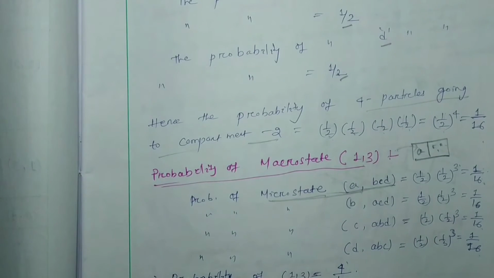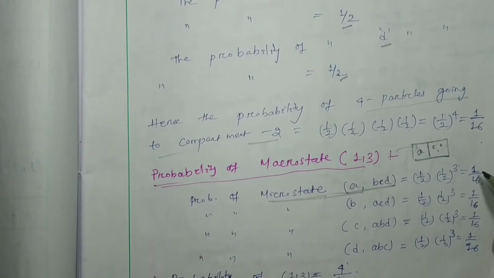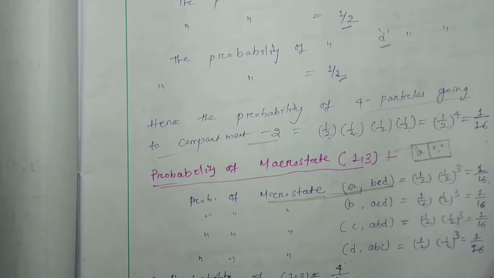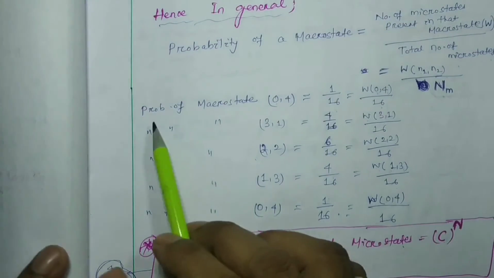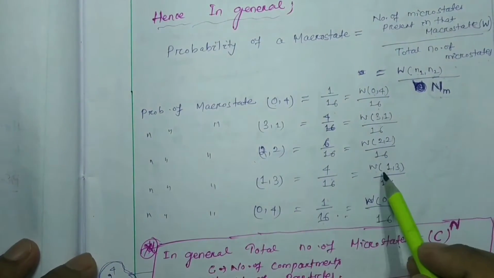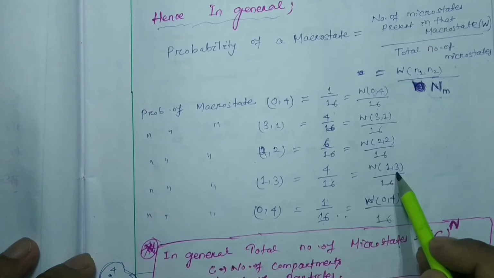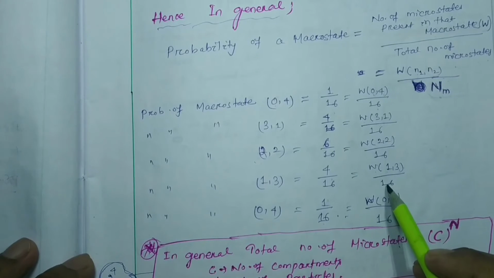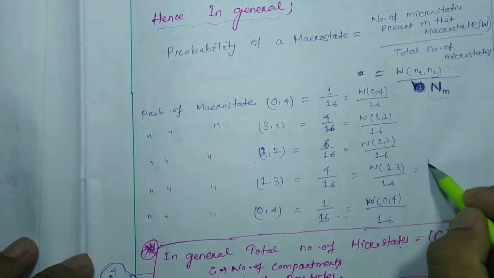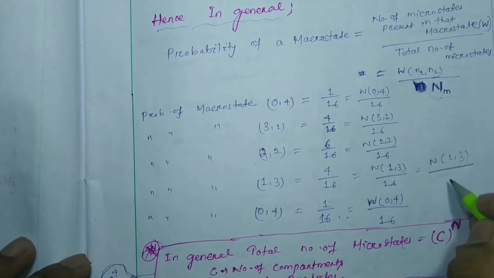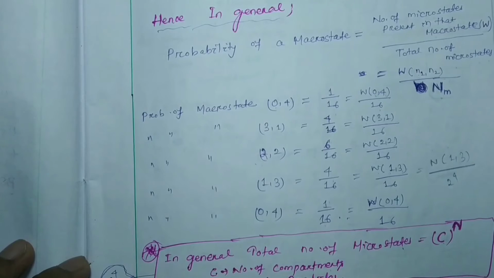That is this plus this plus this plus this, that means 4 by 16. Here it is written (1, 3). The probability of macrostate (1, 3) is nothing but the number of microstates, that is your W(1,3), divided by the total number of arrangements, here 2 to the power 4, right?